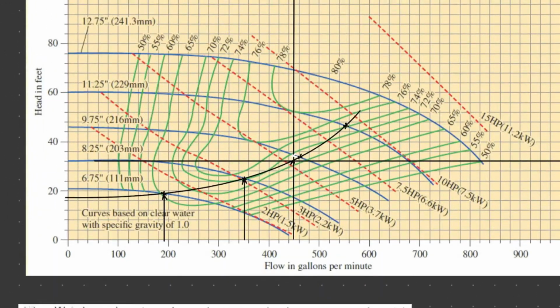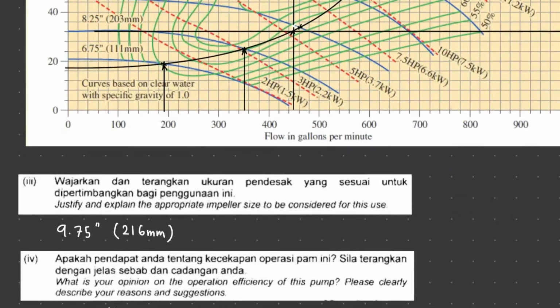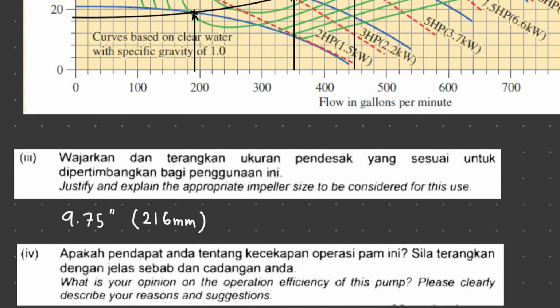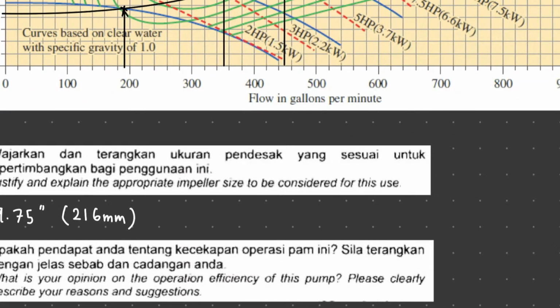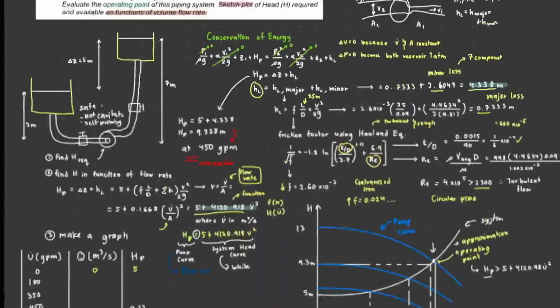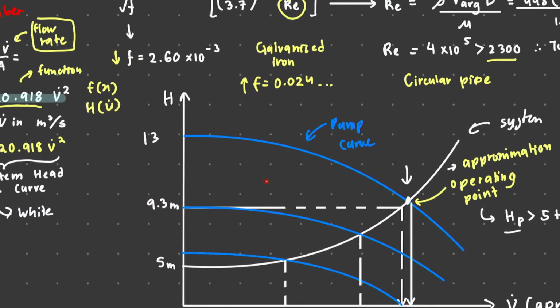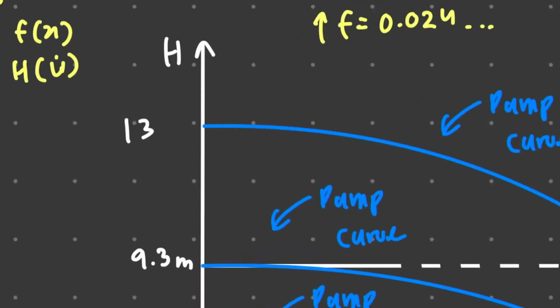Okay, and then dia akan tanya, justify the appropriate impeller size. So kan sini ada banyak blue curve ni. Ada pump curve 1, pump curve 2, pump curve 3. The difference is the diameter of the impeller.